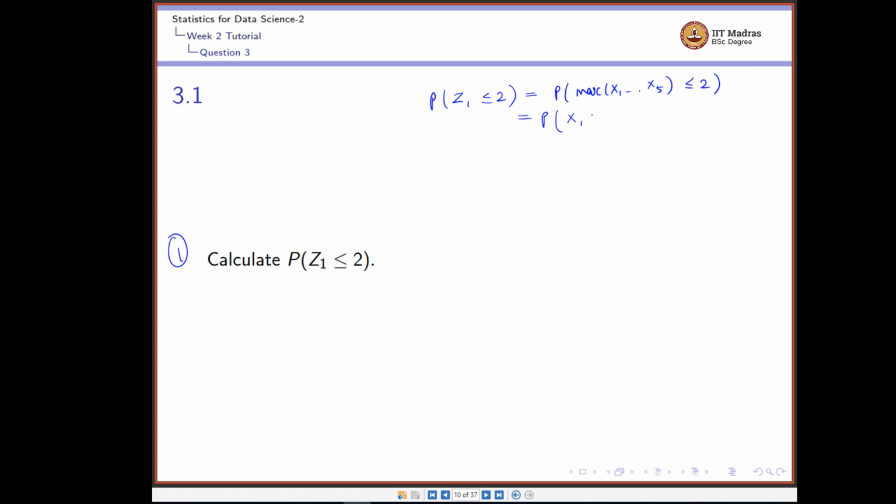So we can write the probability X1 is less than or equal to 2, X2 is less than or equal to 2, up to X5 is less than or equal to 2.